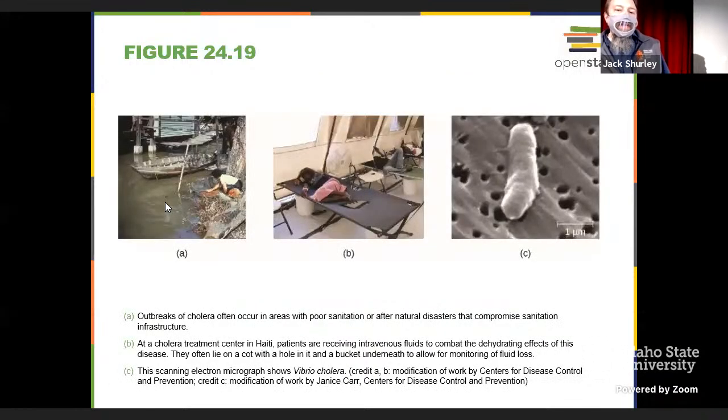So this next image, another gram-negative bacterium. Here's an electron micrograph of it. This is Vibrio cholerae, which causes cholera. And there's all sorts of issues with this.